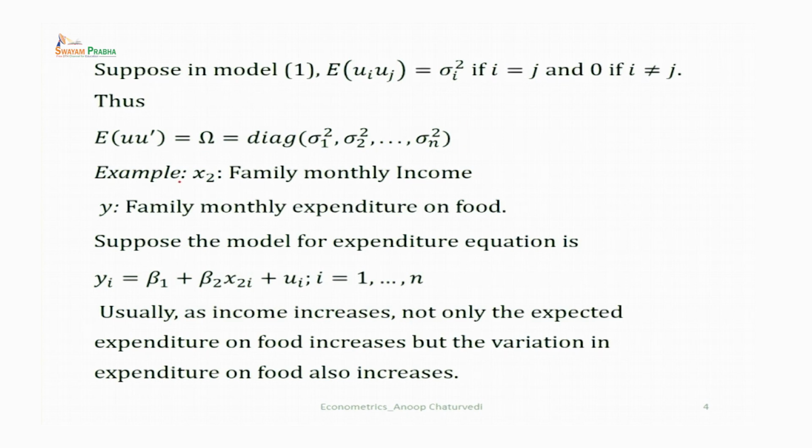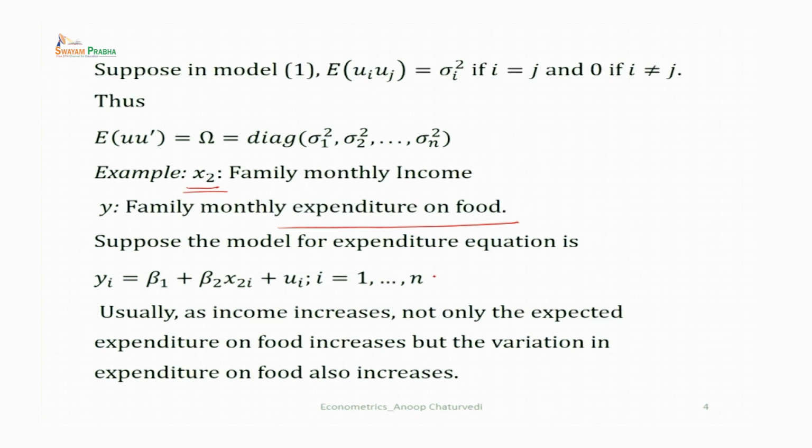Again we consider this example. Suppose x 2 denotes the family monthly income, and y is the family monthly expenditure on food, and the model for the expenditure equation is y i equal to beta 1 plus beta 2 x 2i plus u i for all i equal to 1 to n.